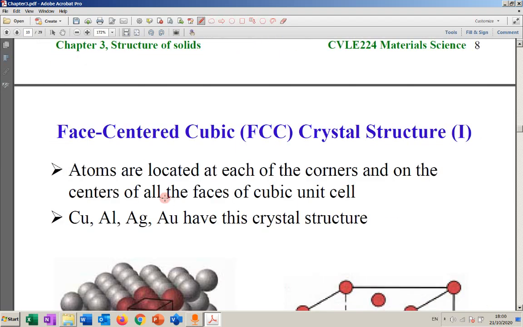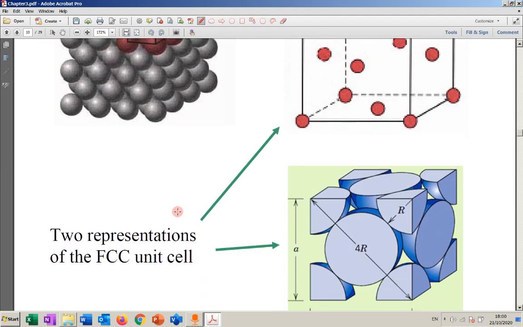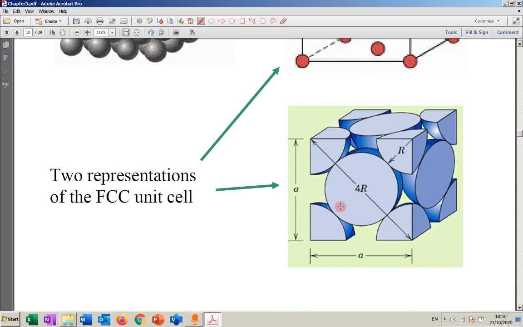Now this is the base of atomic packing factor. Let's calculate it for FCC. We know atomic packing factor is equal to volume of atoms over volume of cell.